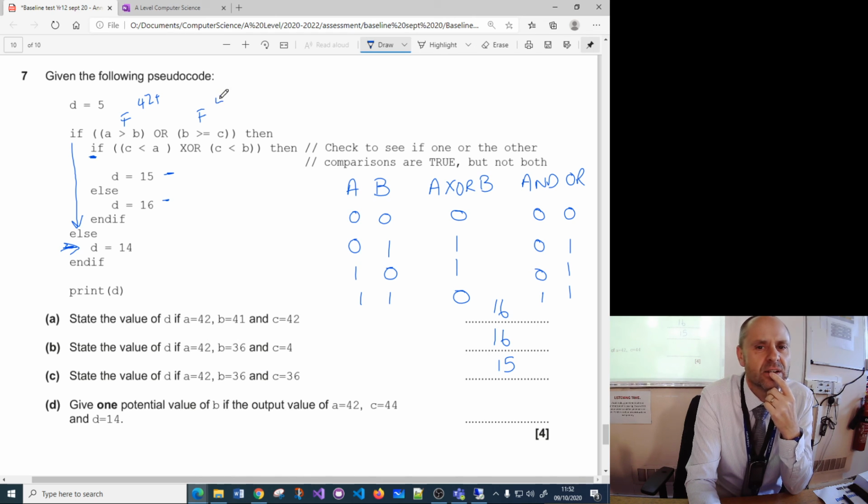So, 44? So if B was 44, would that work? What value are we going for? 43. Let's just check. So we put 43, and there's nothing to stop you doing this either. 42. 43.